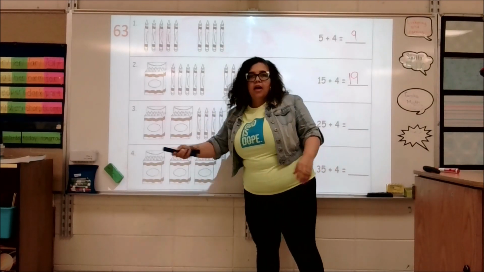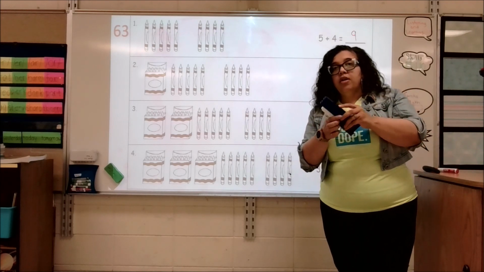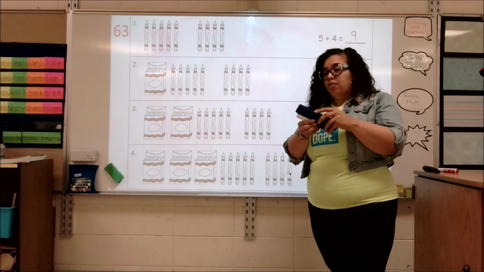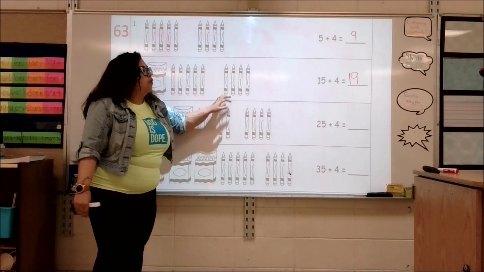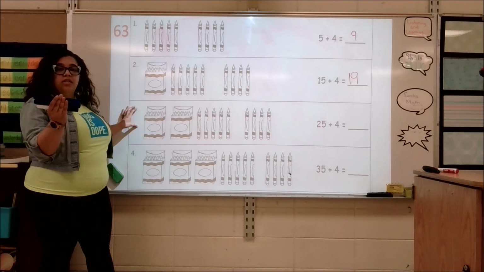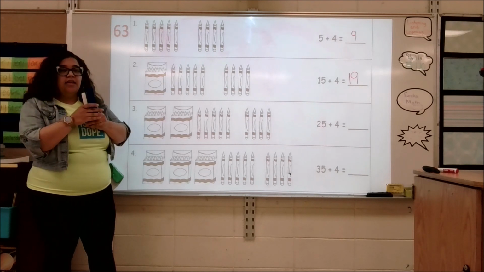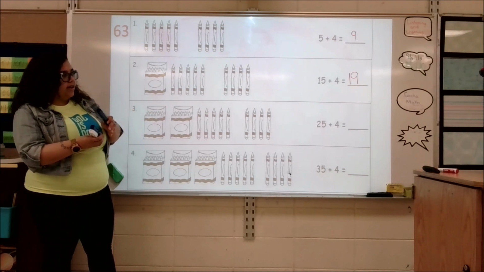What about I make my model match what happened here? I added another box, which means I added a group of 10. Notice, nothing is happening to my ones. So instead of 15 and 4, we now have 25 and 4. Did anything happen in the ones place? No, we just increased by a group of 10.